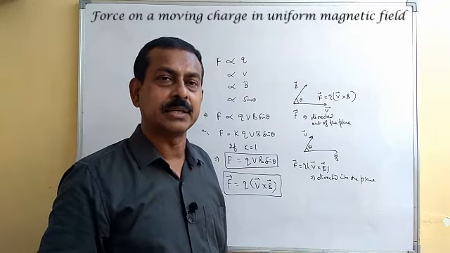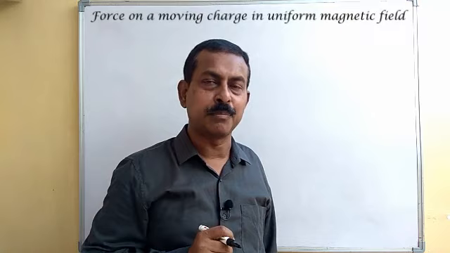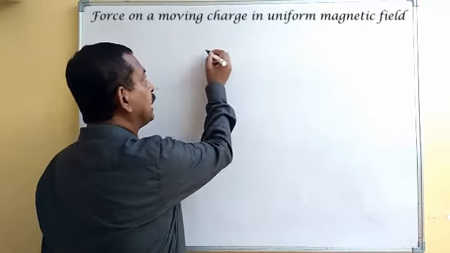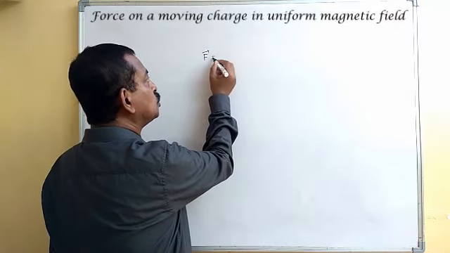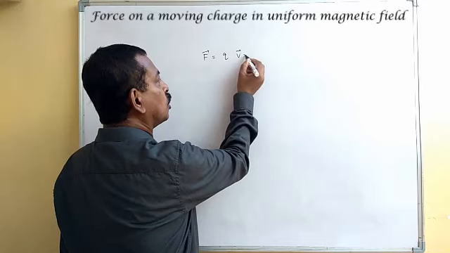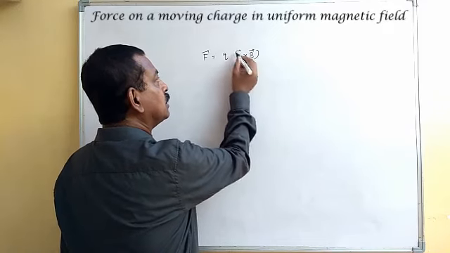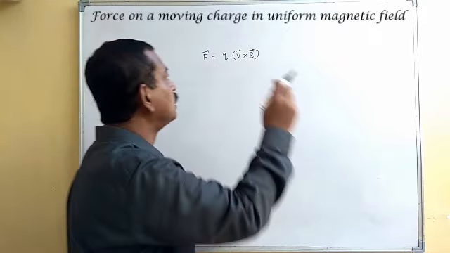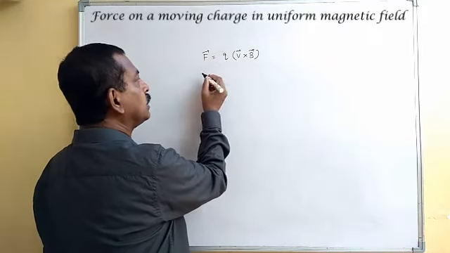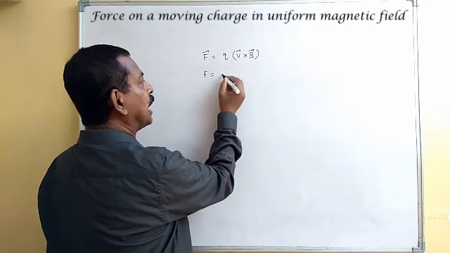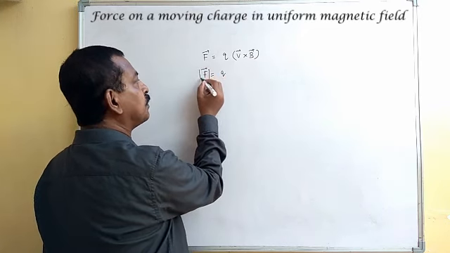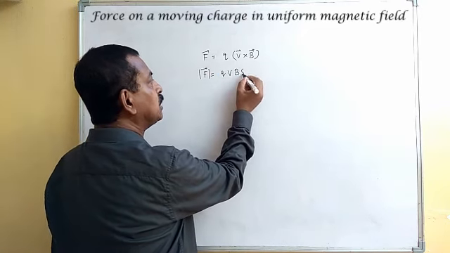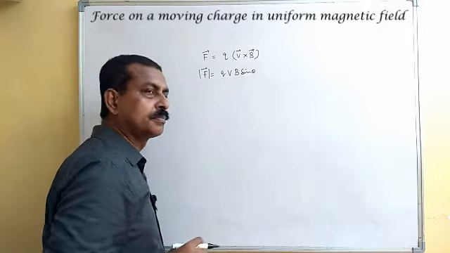The force experienced by a moving charge in a uniform magnetic field, we write as F equals Q V cross B. This is called the Lorentz magnetic force. If you take its magnitude, we can write QVB sine theta.